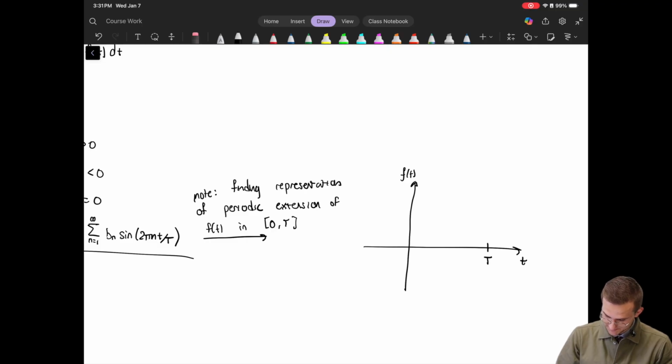And the function kind of comes in from the bottom here, and it goes up and down, and then over a little bit, and then heads off in that direction. Well, the periodic extension is going to essentially copy this exact behavior until it hits these boundaries, and then it needs to repeat. So it's going to jump up to wherever it was before, and it's going to go over and up.